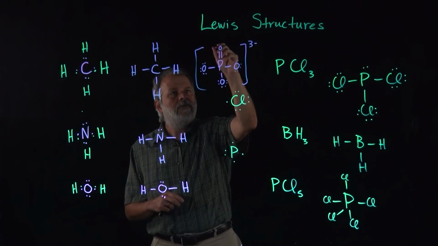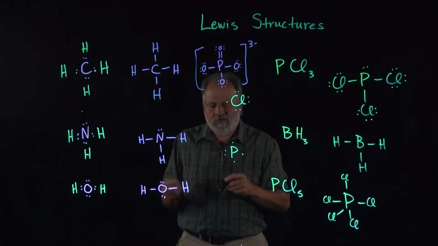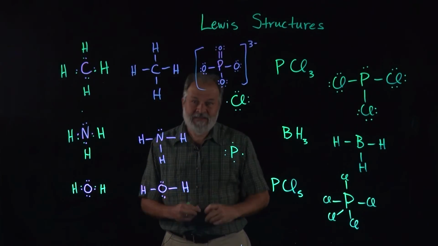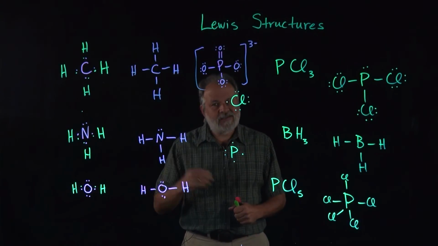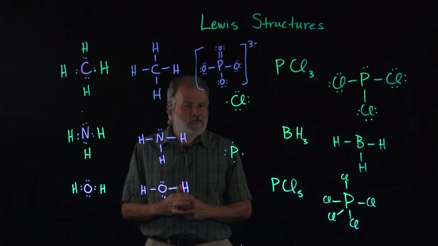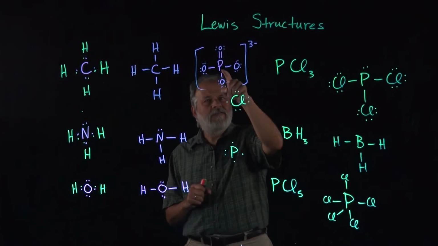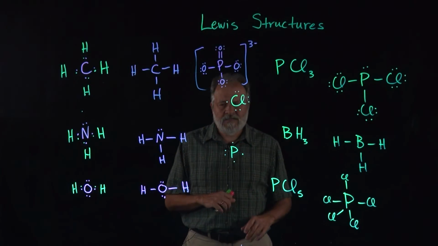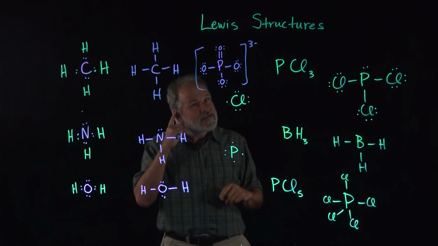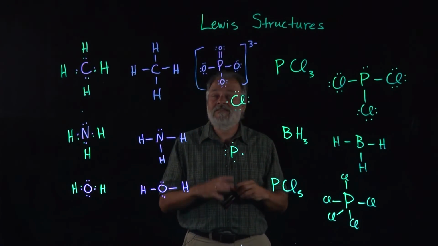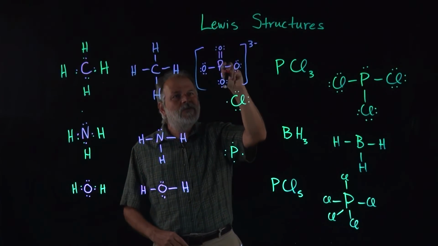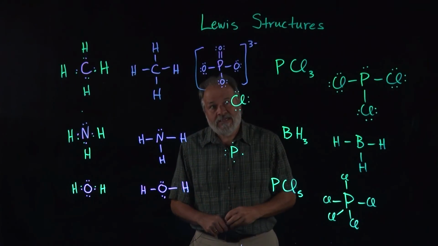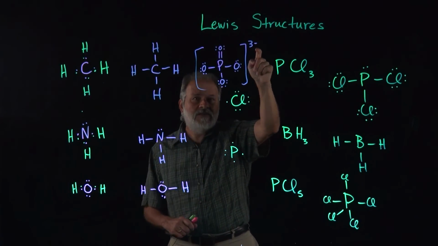And so, of course, whenever you draw a Lewis structure, it's always a great idea to count the number of electrons because you should never draw more or less electrons than you actually have. So go to the periodic table and you say, okay, phosphorus has 5 valence electrons, oxygen has 6, there's 4 oxygens, and so it's 6 times 4 is 24, 24 plus the 5, 29, plus 3 more electrons, 32 electrons.